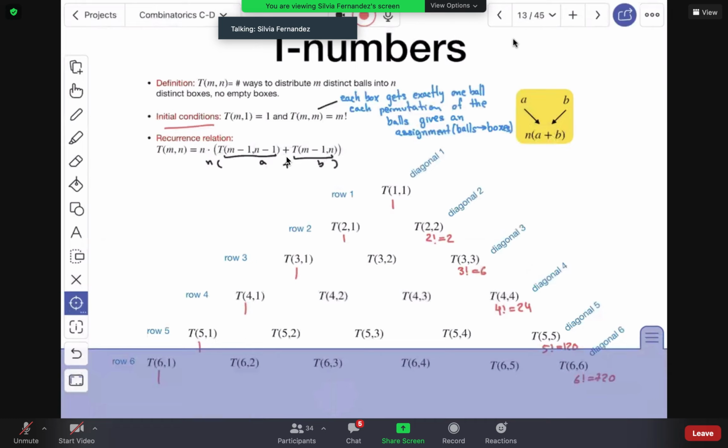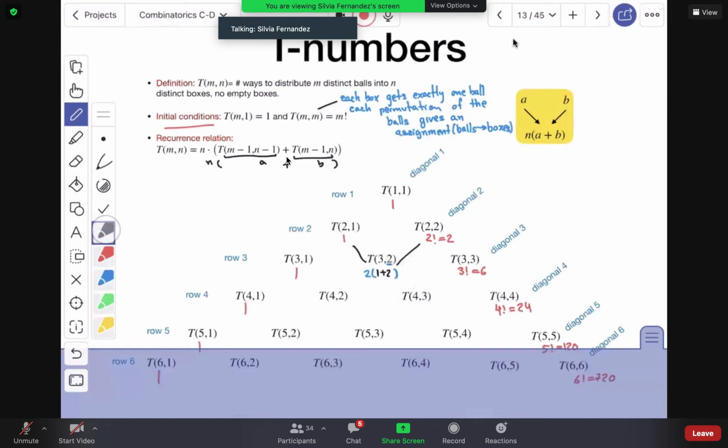So to compute the T32, I need to do the sum as in the regular Pascal triangle, 1 plus 2. But then I need to multiply times n. And the n in this case is the second entry, the 2. So that's what's extra to what we usually do for the original Pascal's triangle. Make sense?